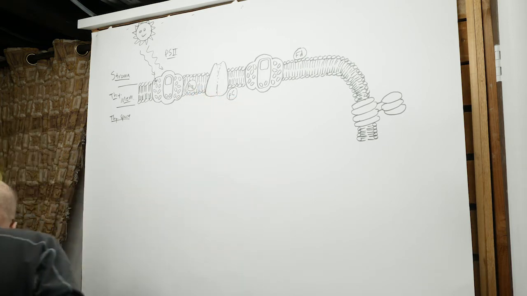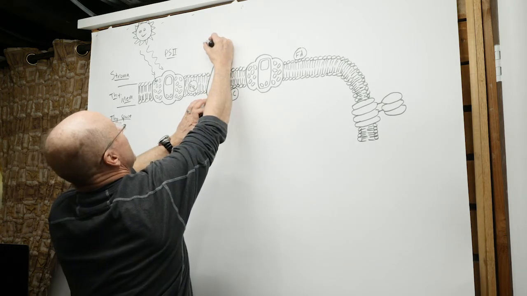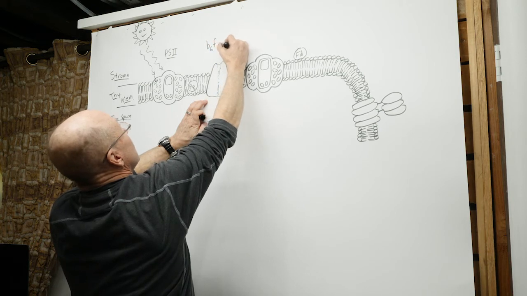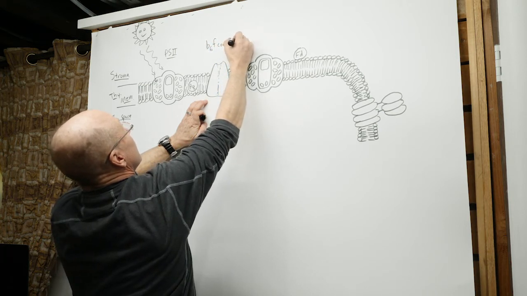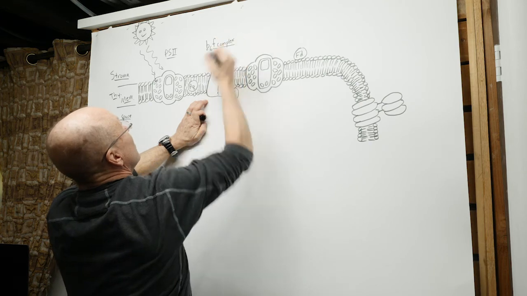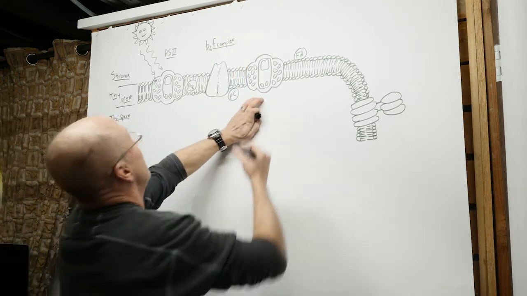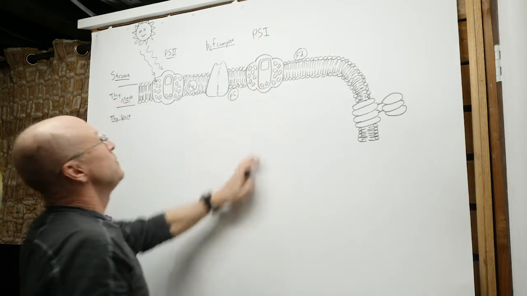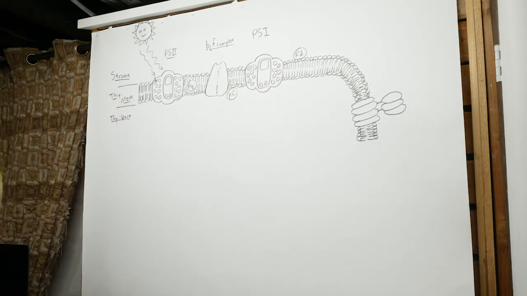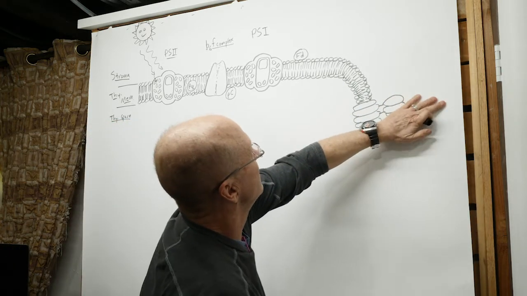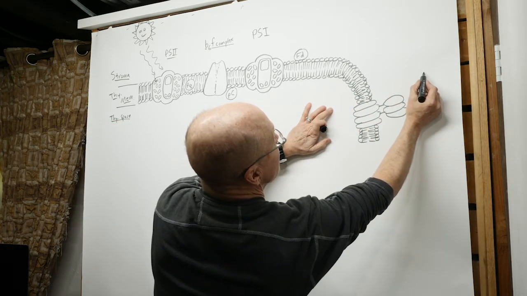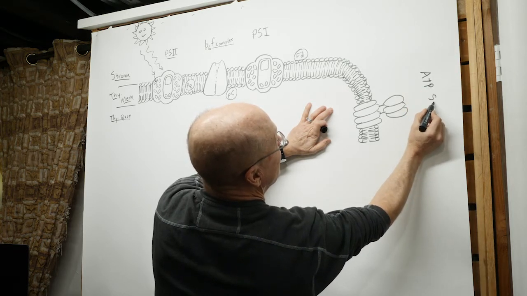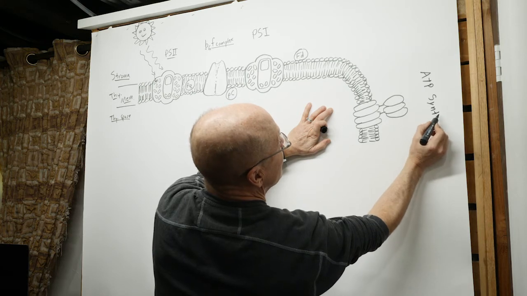Okay, we need to name this as the B6F complex. We need to name this as PS1. We need to, of course, name this fabulous guy over here as ATP synthase.